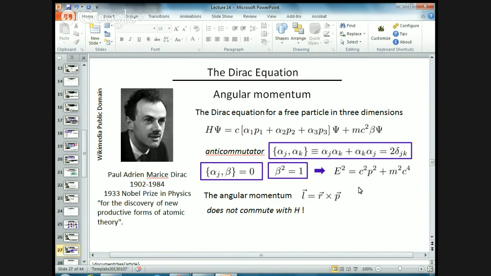The relativistic dispersion relation is honored if alpha j and alpha k anti-commute, and they anti-commute with beta. So commutators don't appear at all in the Dirac theory.